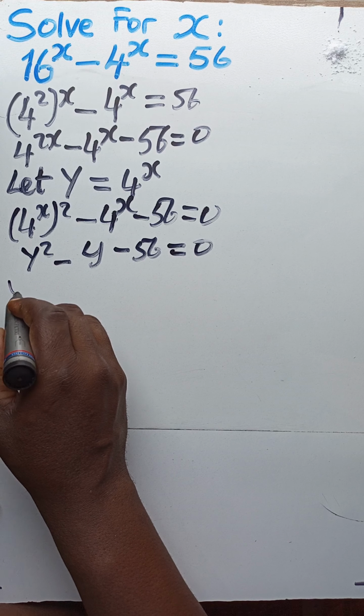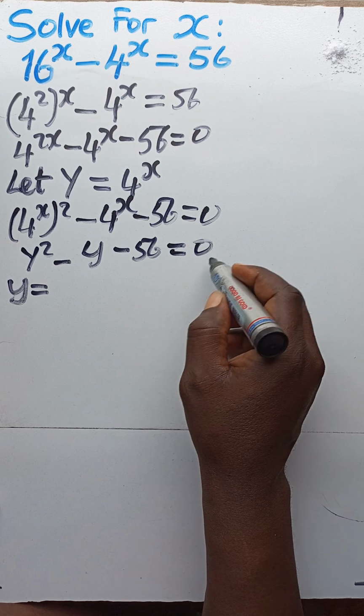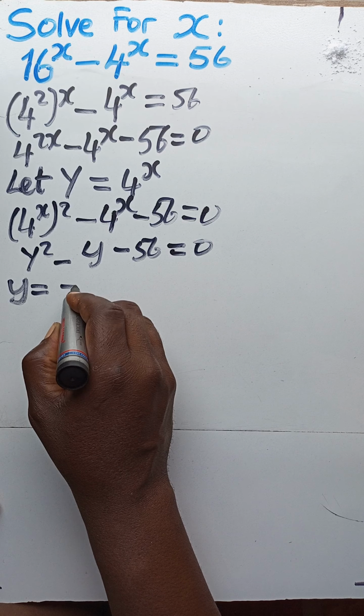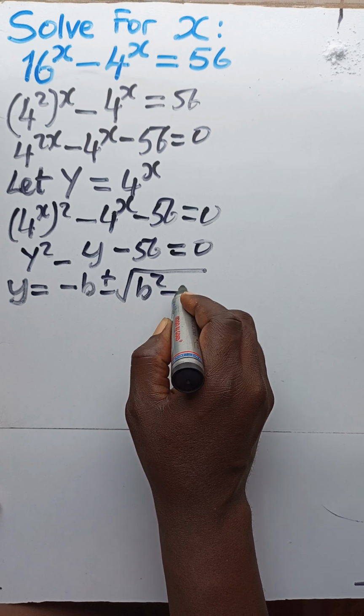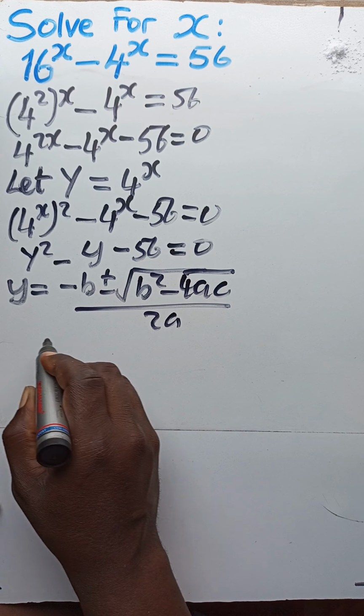So to solve for y, we can use the quadratic formula. We know our a is 1. So y is equal to, quadratic formula is minus b plus minus the root of b squared minus 4ac all over 2a.